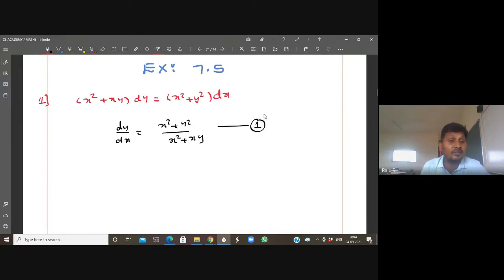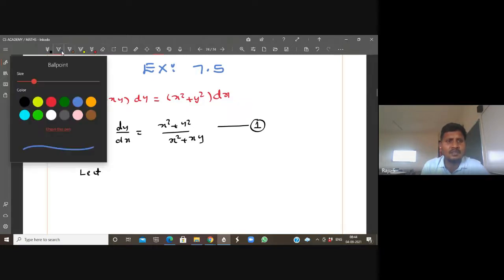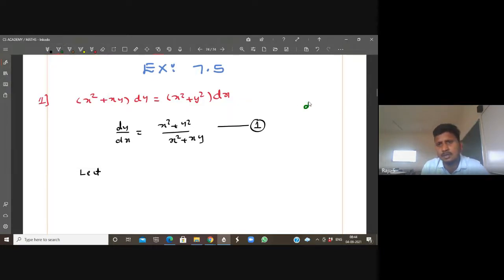Now I want to check whether it is a homogeneous function or not. We know that it is, but in NCERT, while writing the solution, you must check that. How to check that? Since we know that the differential equation can always be written in the form dy by dx equals f of x comma y, this RHS value I want to take as f of x comma y.